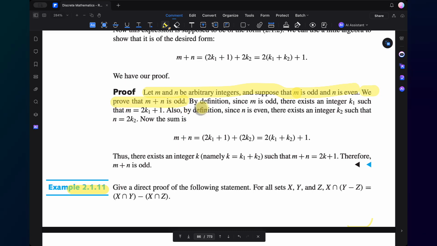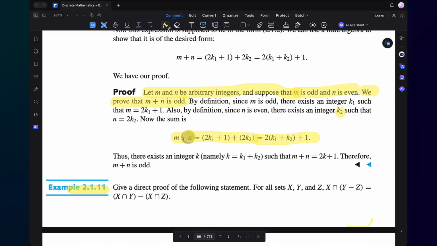Now we're going to use our definitions. By the definition, since m is odd, there exists an integer k1 such that m is equal to 2 times k1 plus 1. Also, since n is even, there exists an integer k2 such that n is equal to 2 times k2. Now let's just add them together. You use the distributive law, the fact that we can factor the 2 out, and we see that m plus n is equal to 2 times (k1 plus k2) plus 1.